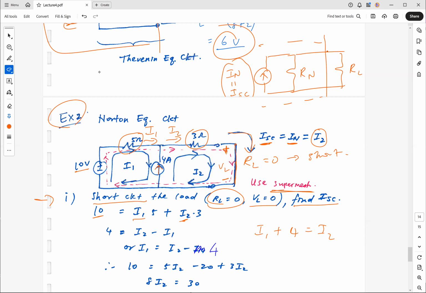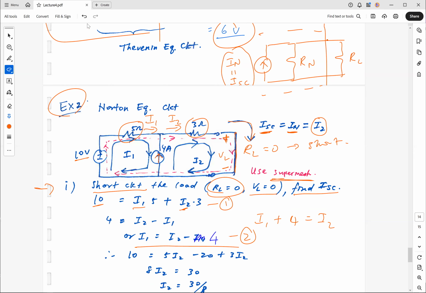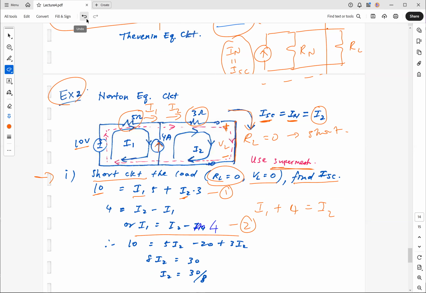So I1 is equal to I2 minus 4, moving the 4 to the other side. Now I have two equations, two unknowns, so we can solve for I1 and I2.